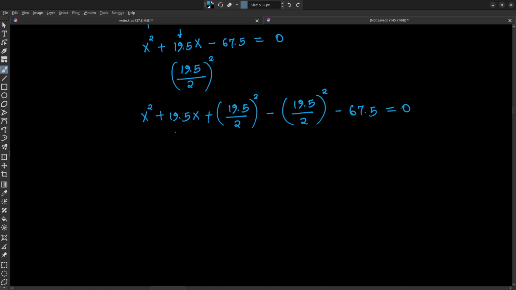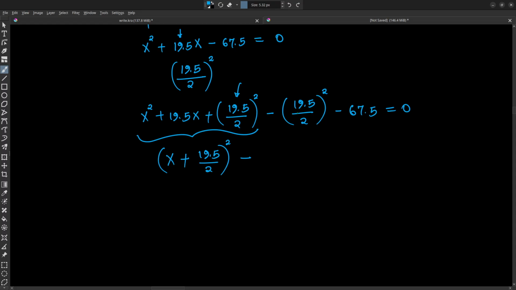What has changed, however, is that these first 3 terms now form a square. These first 3 terms now collapse to x plus 19.5 over 2 squared. And in fact, if you expand this, you are going to get the longer expression, right? So the first 3 terms collapse to x plus 19.5 over 2 squared, and then minus, now we can expand this.